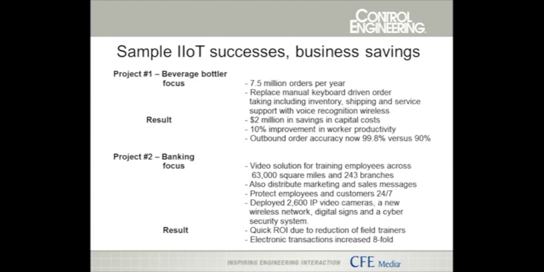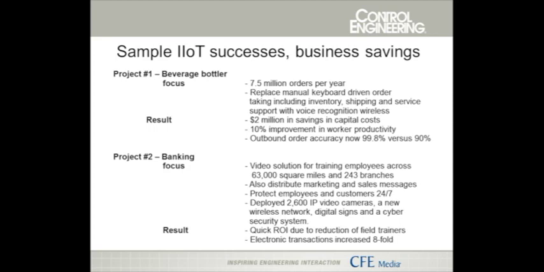The next examples of successful IoT deployments is in the business savings or productivity area. A large beverage bottler replaced all the keyboard inputs in the warehousing, shipping, and service side of their business with voice recognition technology. The results were capital cost savings, increased productivity, and increased customer satisfaction because mistakes were virtually eliminated.